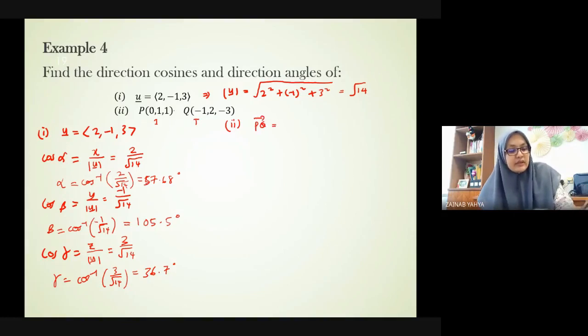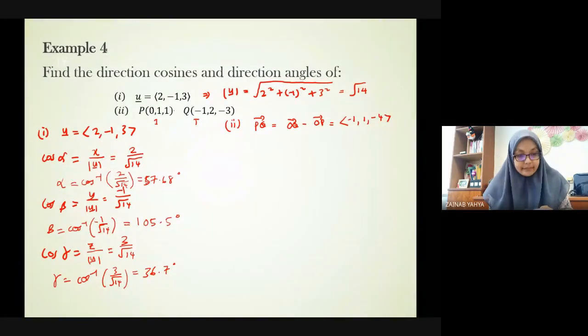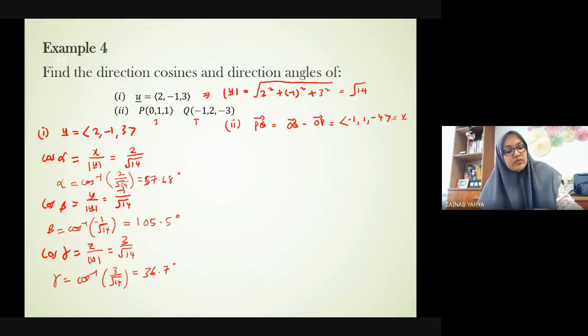Remember, it will be OQ minus OP. So the vector will be -1, 1, and -4. That's the vector that we want to find the direction cosines and direction angles for. Let it equal vector V. You can also just let it equal PQ, it's still the same thing.